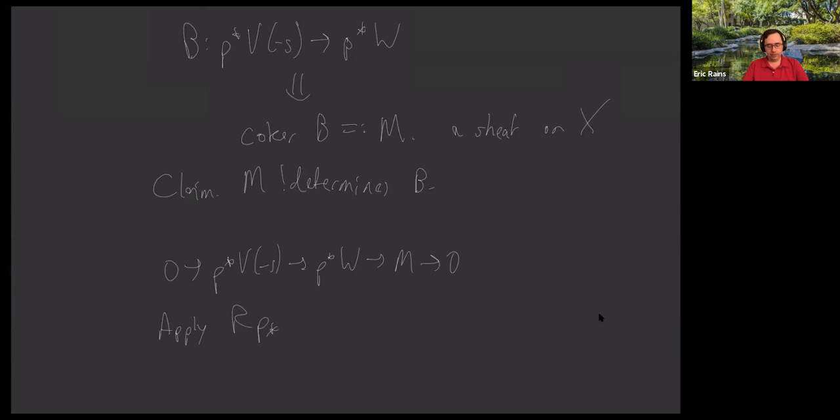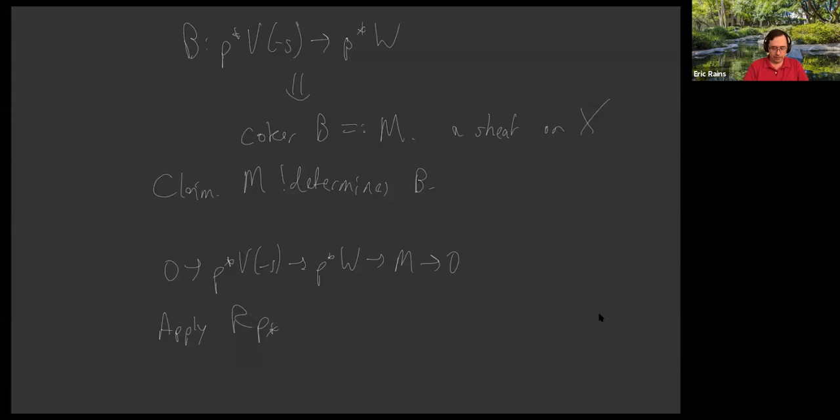And what are we going to get? Well, here's the thing. We have this section. On every fiber, it meets every fiber once. So O of minus S on any fiber is O of minus 1. Rho star V is a trivial vector bundle on any fiber. So when we twist it by minus S, it becomes O of minus 1 to that power.